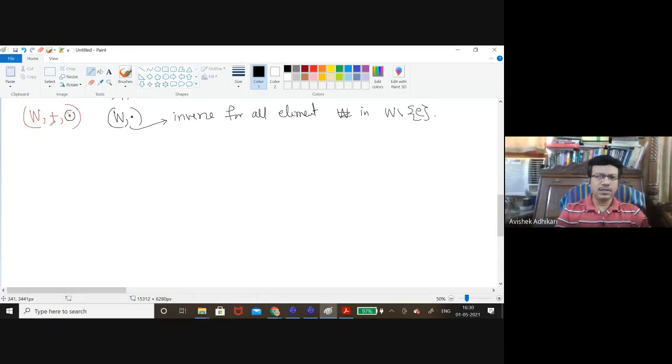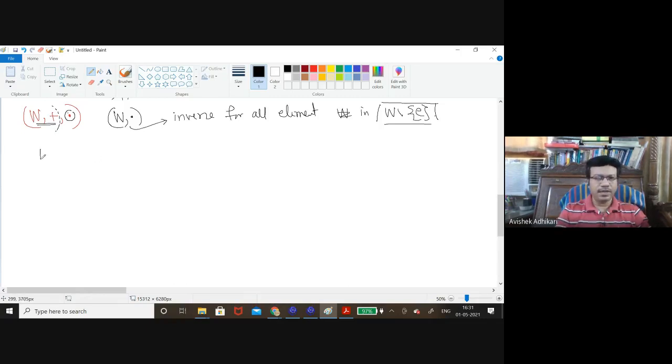As you understand, if all four properties are satisfied for this, then this should be a group. Now, almost all the properties are satisfied except for the identity element, the zero element of W, which I just remove, and for all the remaining elements, if W also has the multiplicative inverse, then it will have a special name.